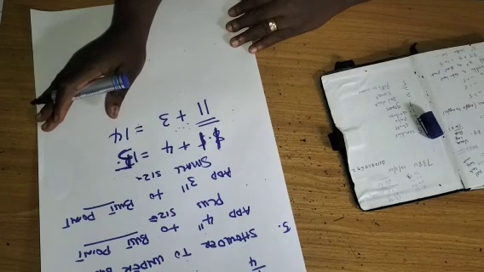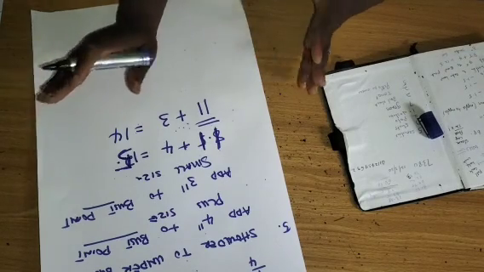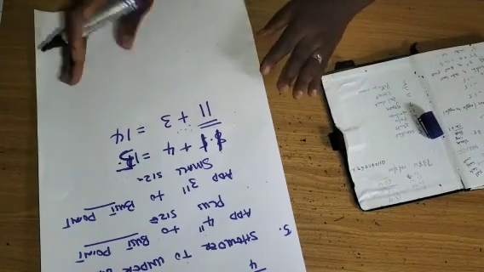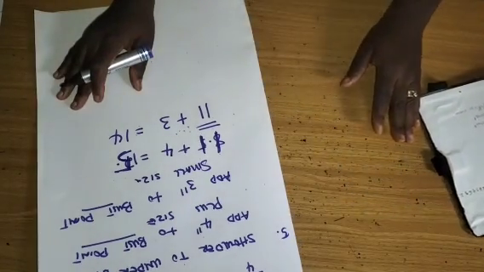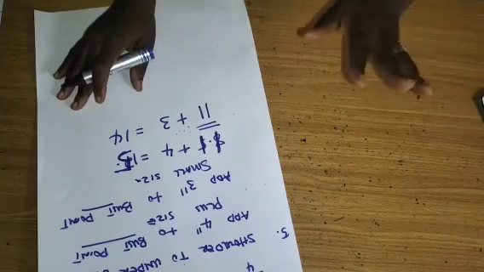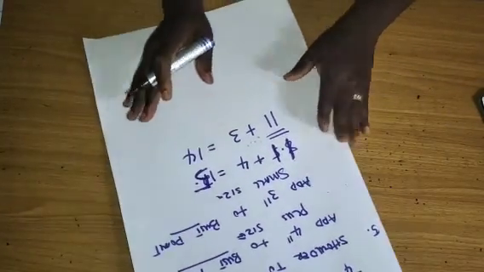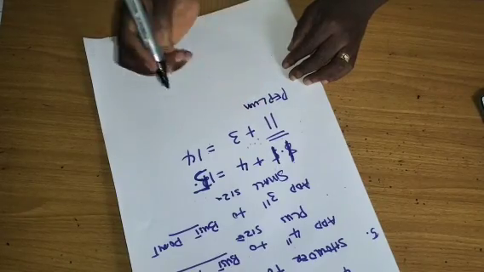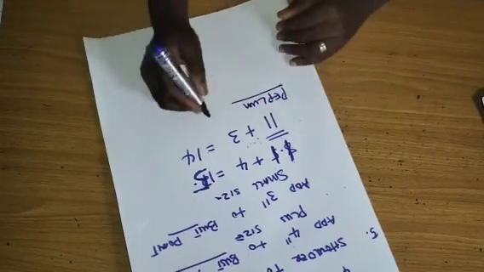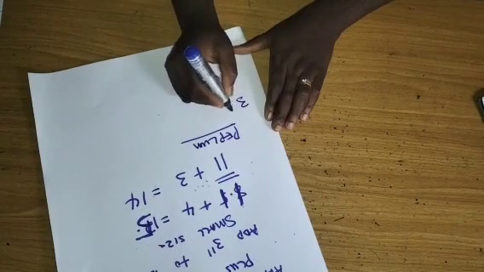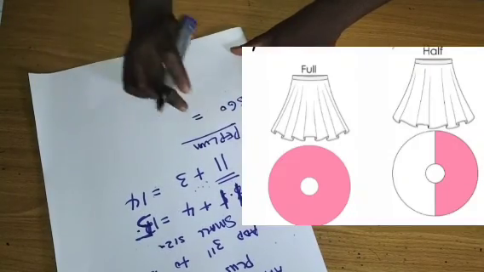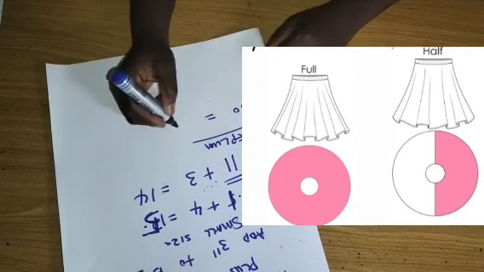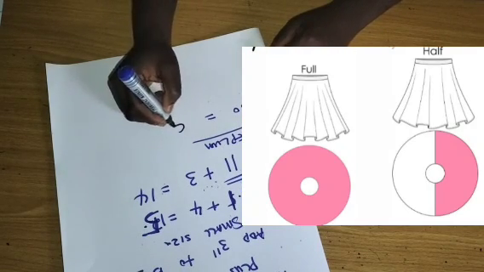Now we want to talk about some little formulas that we usually use. Let's say, for example, we want to make a peplum for 360. For 360 degrees, all you need to use is your circumference, whatever your circumference is, if you're attaching it to the waist.